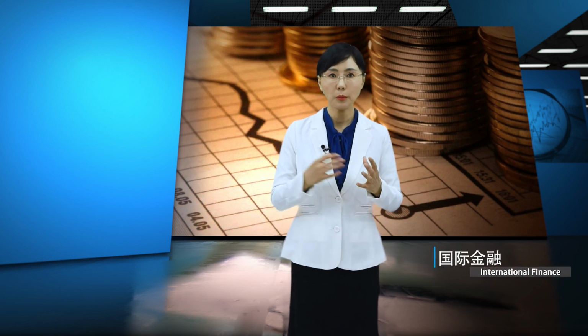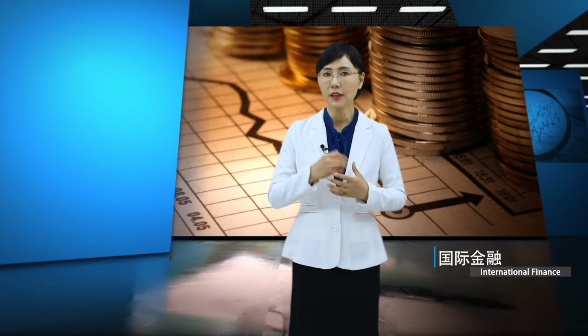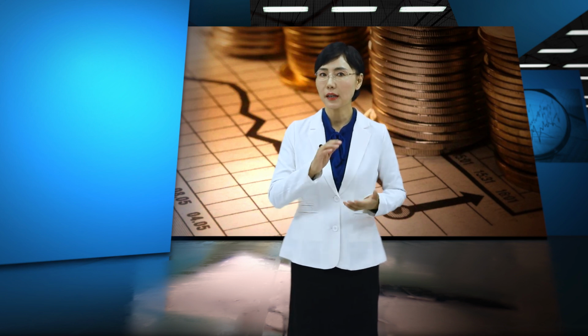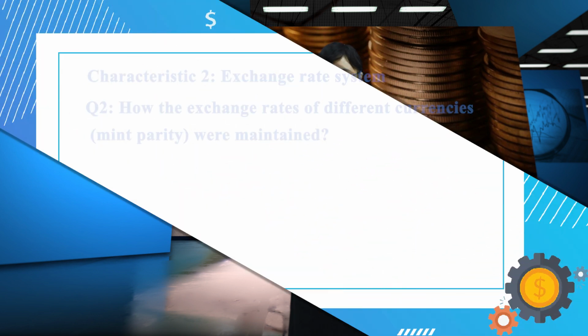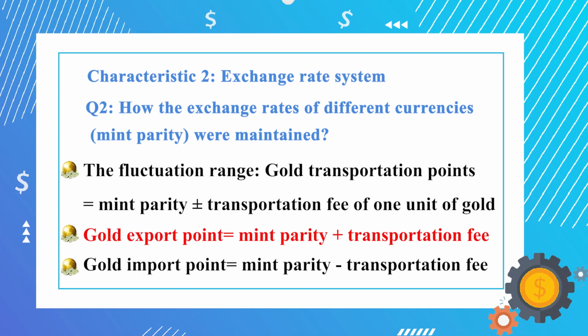Then the importer would transport gold abroad and exchange gold for foreign currency to pay. So the ceiling level of the foreign exchange rate would equal the mint parity plus the gold transportation fee, which is the gold export point, also the upper limit of the exchange rate.